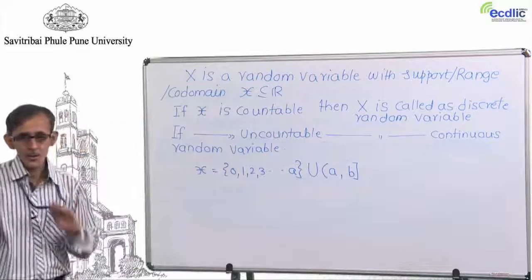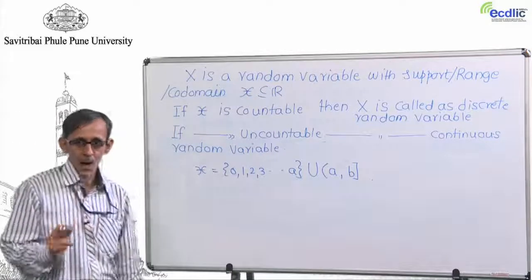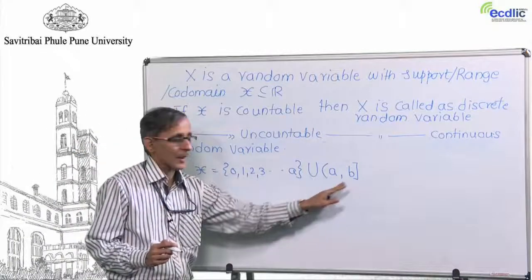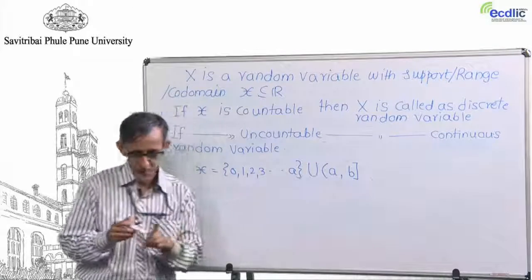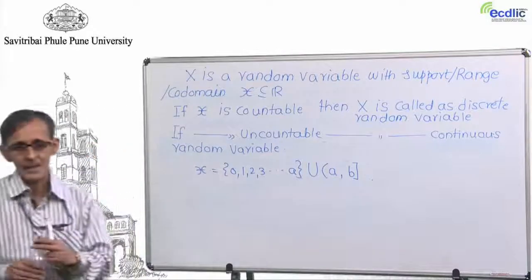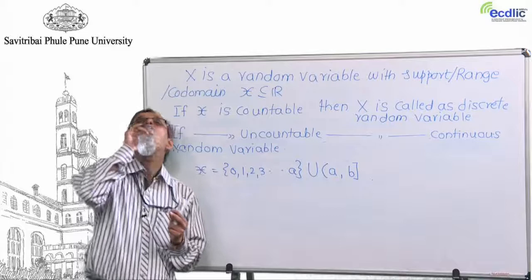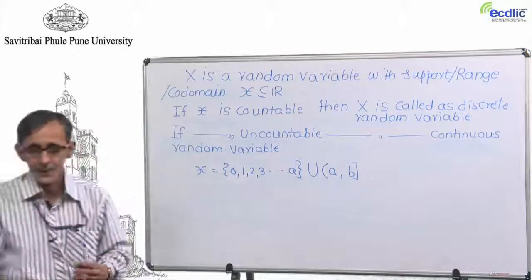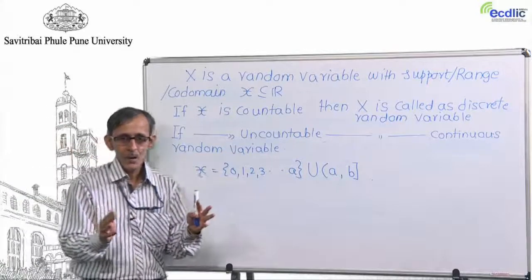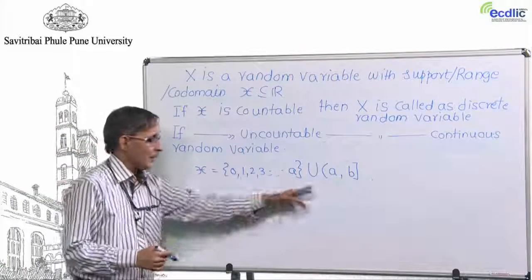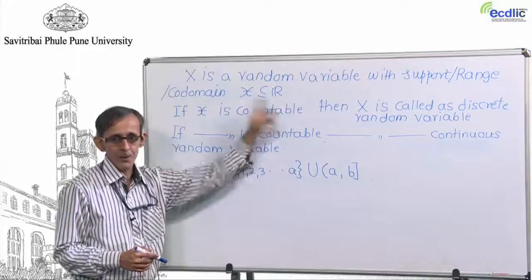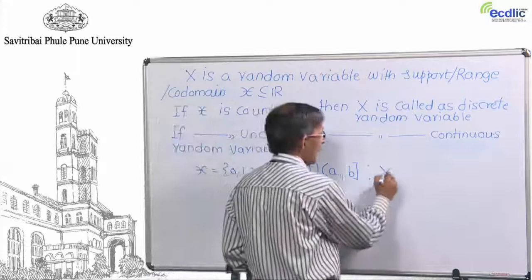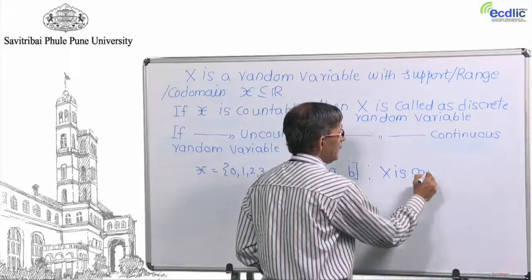So, it is decomposed into two parts, one where there is countability, the other one an uncountable set. In other words, to some extent the support is countable and later on it becomes uncountable, and that is why this neither fits into this nor fits into this. Okay. In such a case, X is called a mixture random variable.